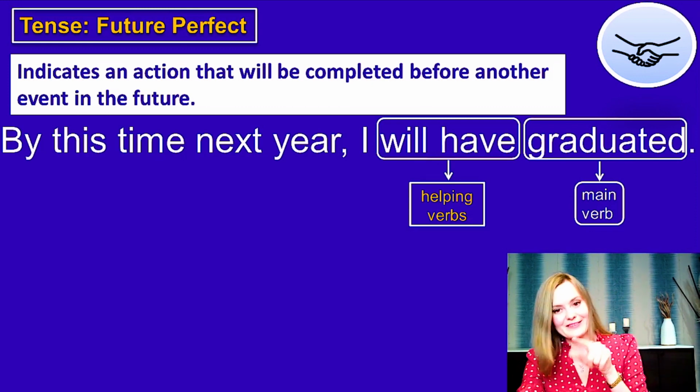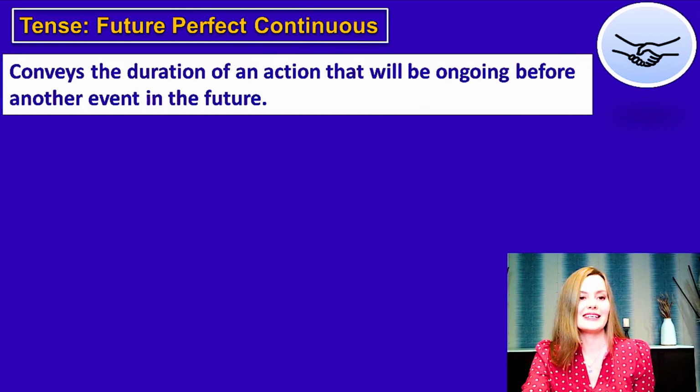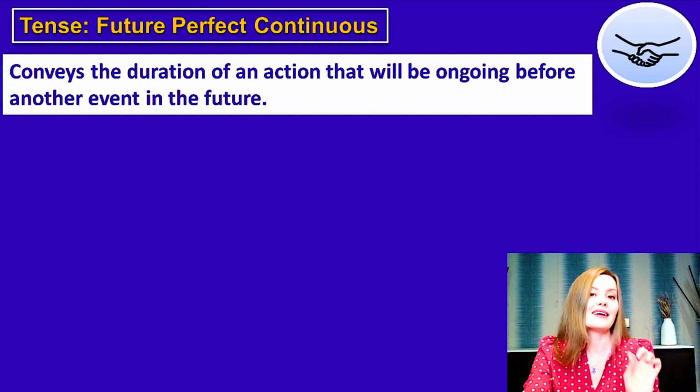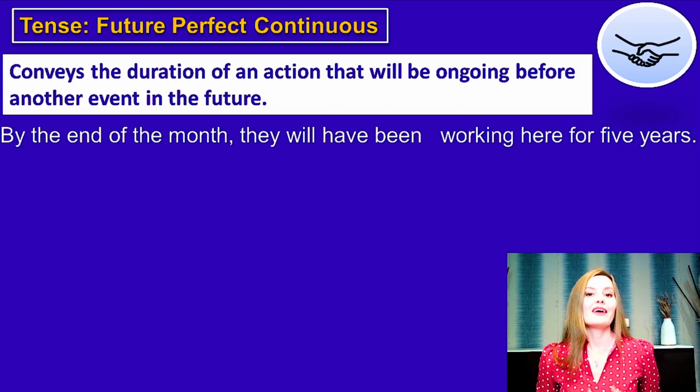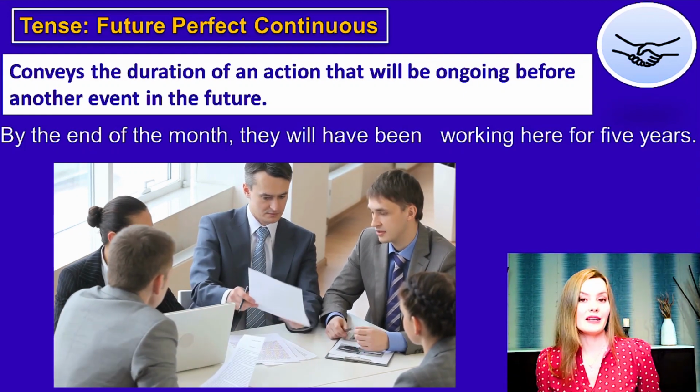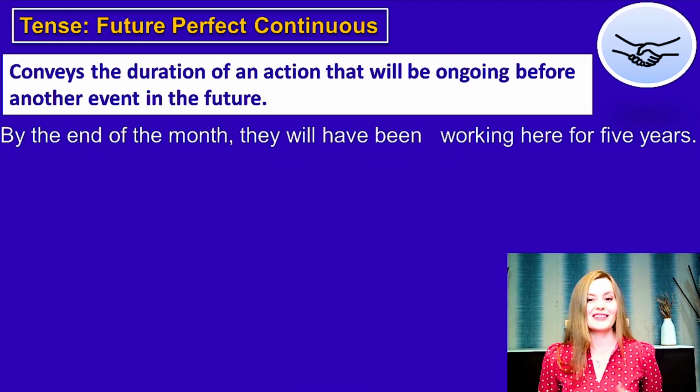Will have. Future perfect continuous tense conveys the duration of an action that will be ongoing before another event in the future. For example, by the end of the month, they will have been working here for 5 years. So let's find the main verb.